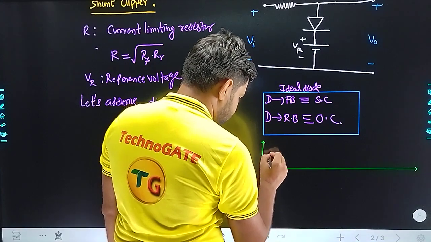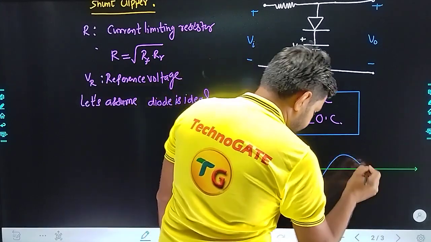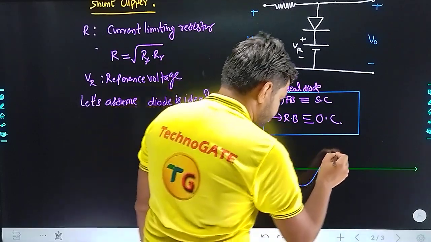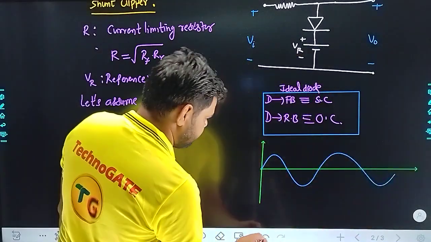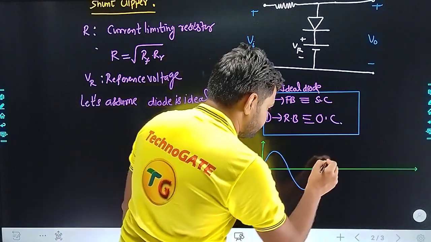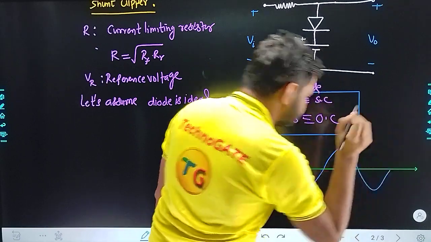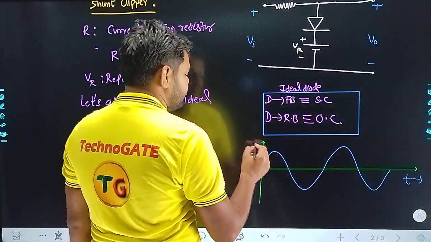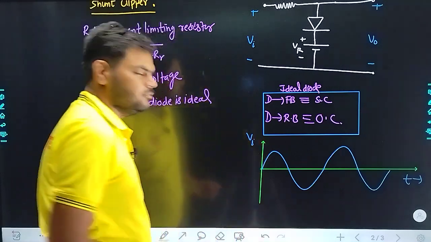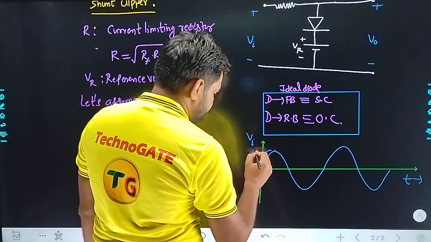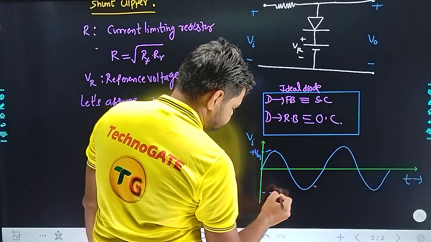I can also put them on different graphs, but for your convenience I am putting them on the same scale. Suppose this is the V input that we are applying, varying between plus and minus Vm.